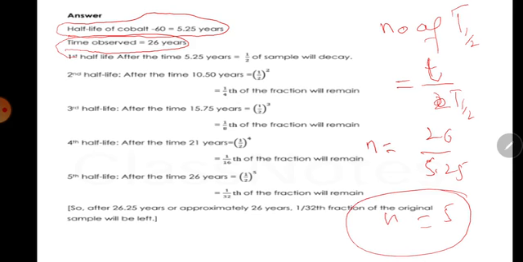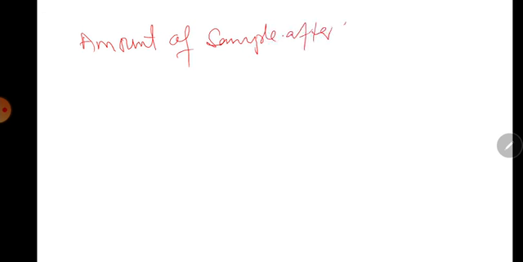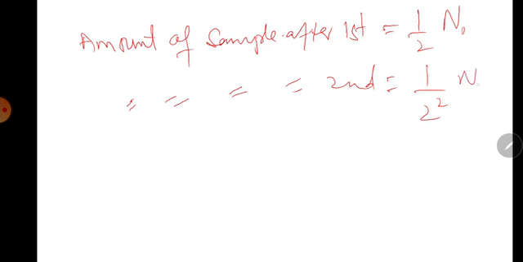So the amount of sample left, we will do it. Amount of sample after first half-life is 1 by 2 original nuclei. Amount of sample after second half-life is equal to 1 by 2 square N naught.